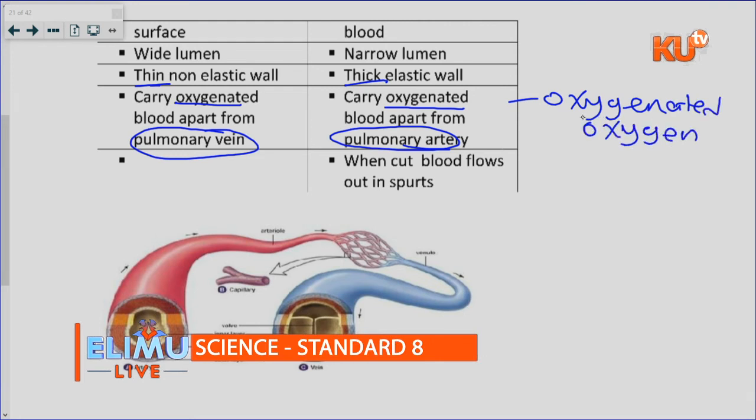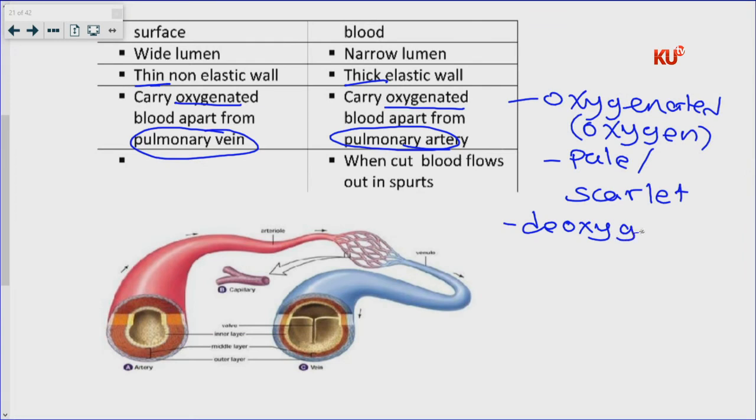It is pale red in color, sometimes also called scarlet red. Deoxygenated blood, on the other hand, is blood without oxygen, and it is dark red in color.